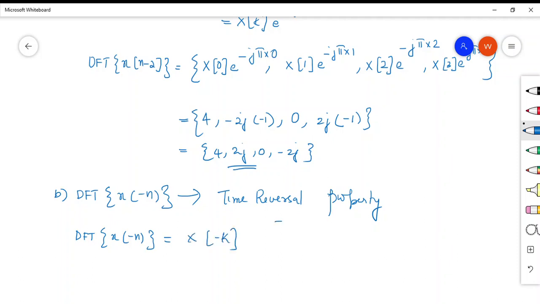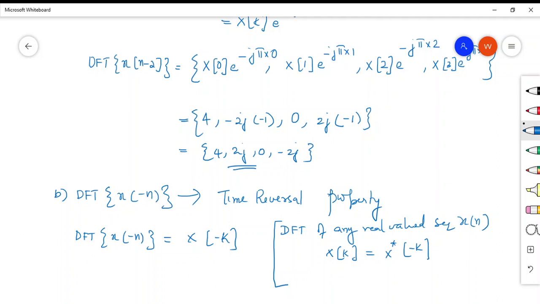Now there is a property: the DFT of any real valued sequence x of n is X of k, that can be equated to X conjugate of minus k. Similarly, X of minus k will be equal to X conjugate of k.